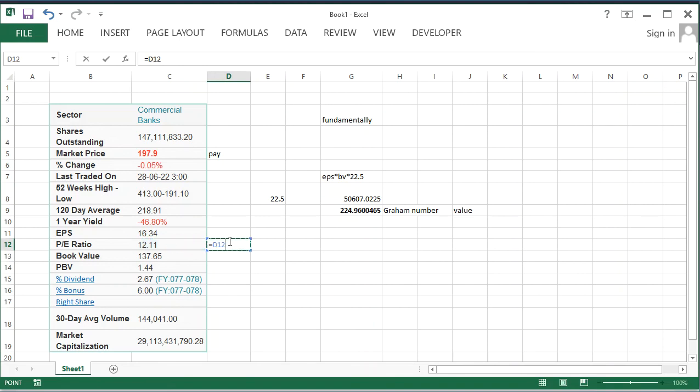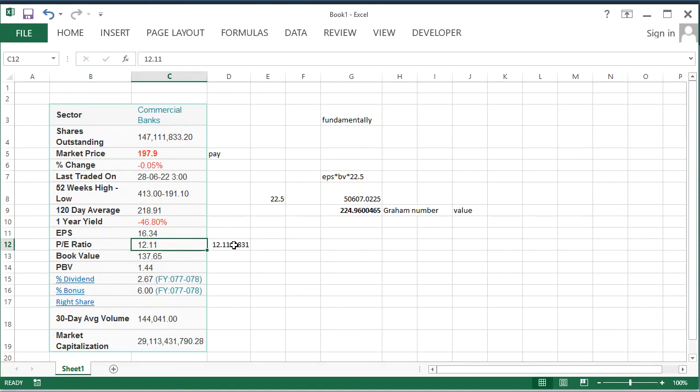So how we calculate PE is market price divided by EPS. I think I've already done this. So it means per $1, or per any currency unit, we have to invest 12.11 in this company.